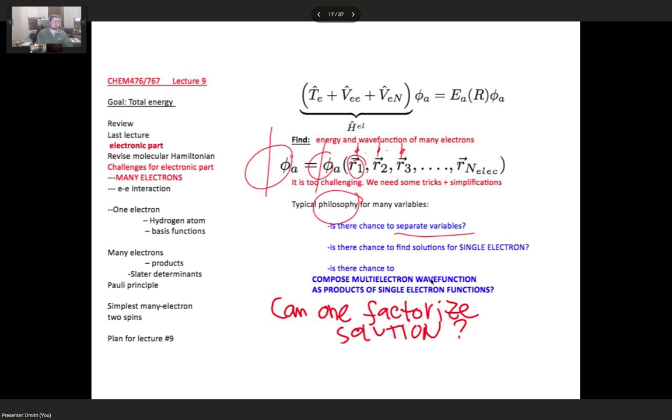So if you were exposed to some level of physical chemistry or just physics, you may have heard of the Pauli principle. Yes? David should shake his head and tell yes. Okay, good. And Slater determinant.